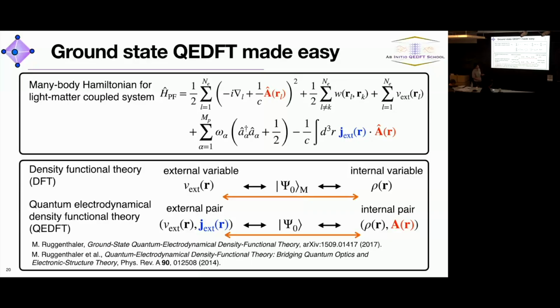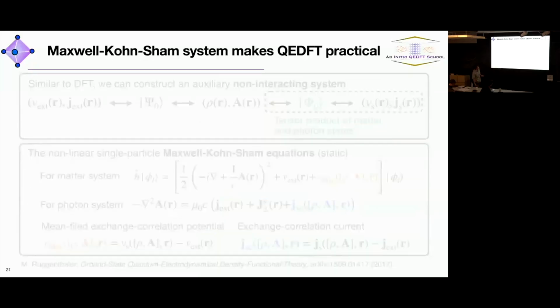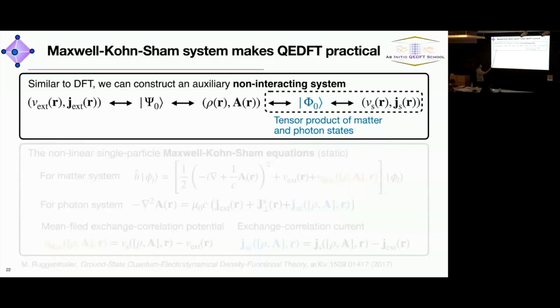Now we are going to use this mapping to set up the non-interacting system. As you already see, we have an external potential and an external current, which give you the exact wave function. From this exact wave function, we can get the electron density and the photon field. There's a theorem proved by Luigi and others: there's a one-to-one mapping from the external potential and the current to this internal pair.